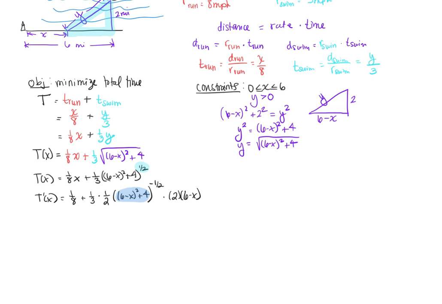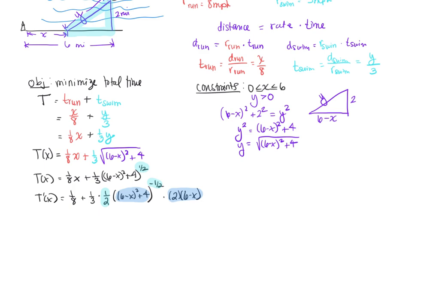Right? So here, let me highlight some more of these other things that are still color-coded. And so our derivative of the inside is this guy. And then what happens is we also now need to multiply by the derivative of 6 minus x because we took a derivative of (6 minus x) quantity squared.